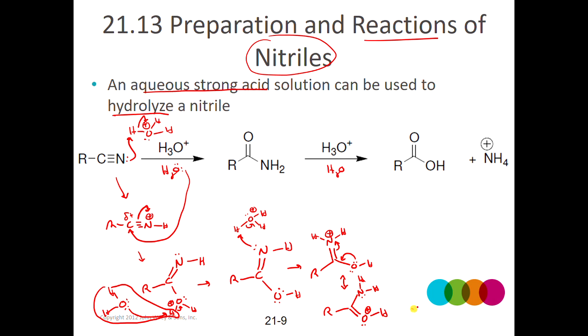We just need a water to pick off this proton, and that will convert the amide into its deprotonated, neutral form. You can't really stop here though. It's not really easy to get the molecules to cleanly produce the amide and then not continue under the same reaction conditions where we just started, right?